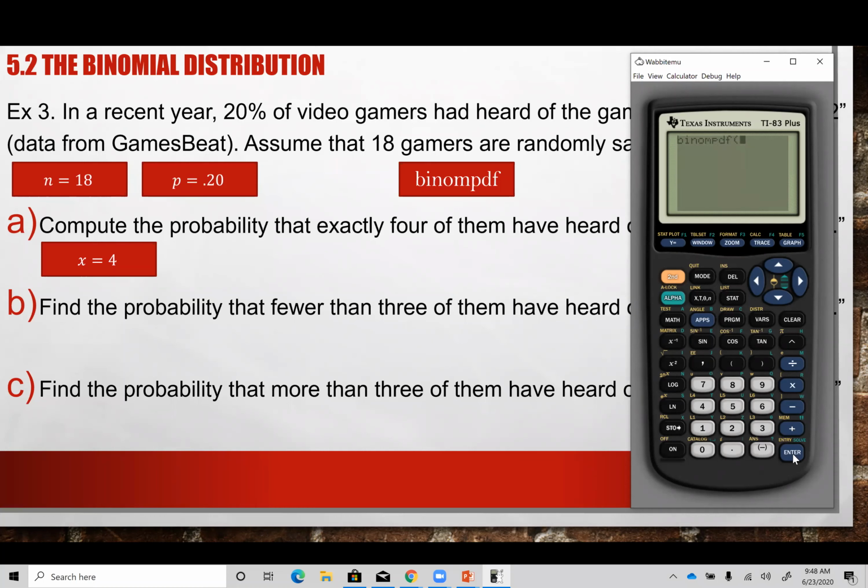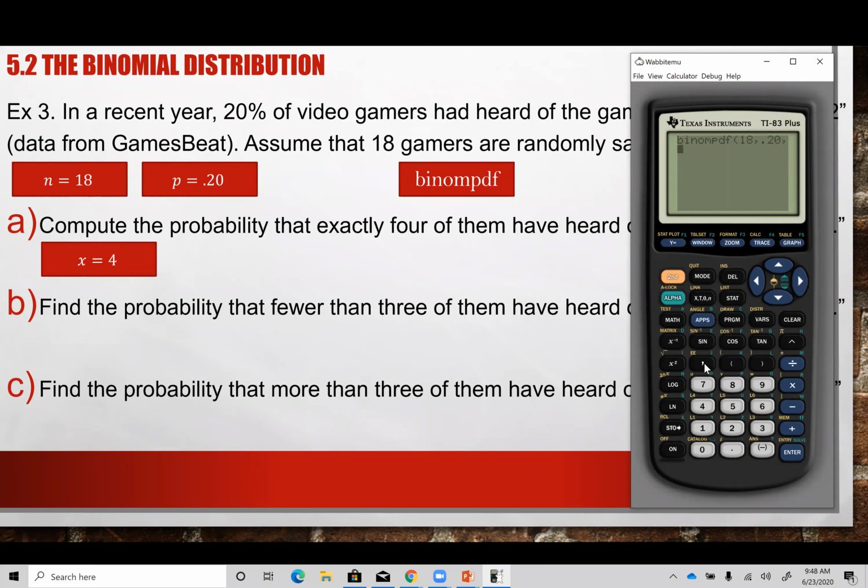Once you hit on this, like I mentioned yesterday, if you have a TI-84, life is good for you, because your window has prompts: trial, p, and x. Your trial is your n, so you type in 18. Your p, your probability, you type in 0.20.